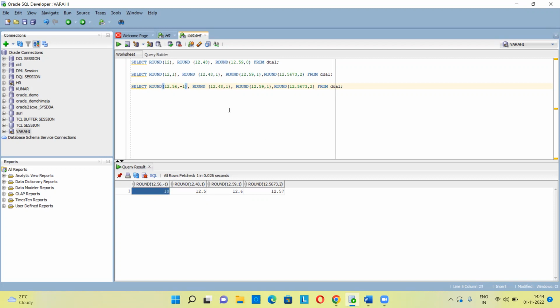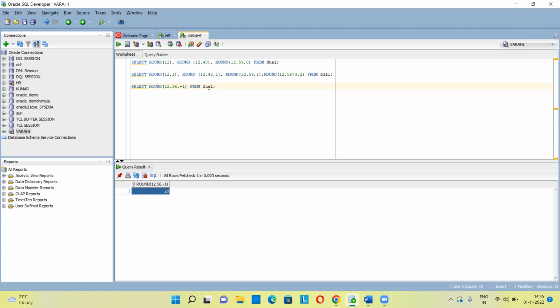Just to avoid confusion, I'm removing all the remaining ones. Let me execute only this. What is the output? It is 10. Actually, the value is 12, but I'm getting output as 10. What is happening here? -1 means it will start working with the value before the dot. What is the value before the dot? 12.